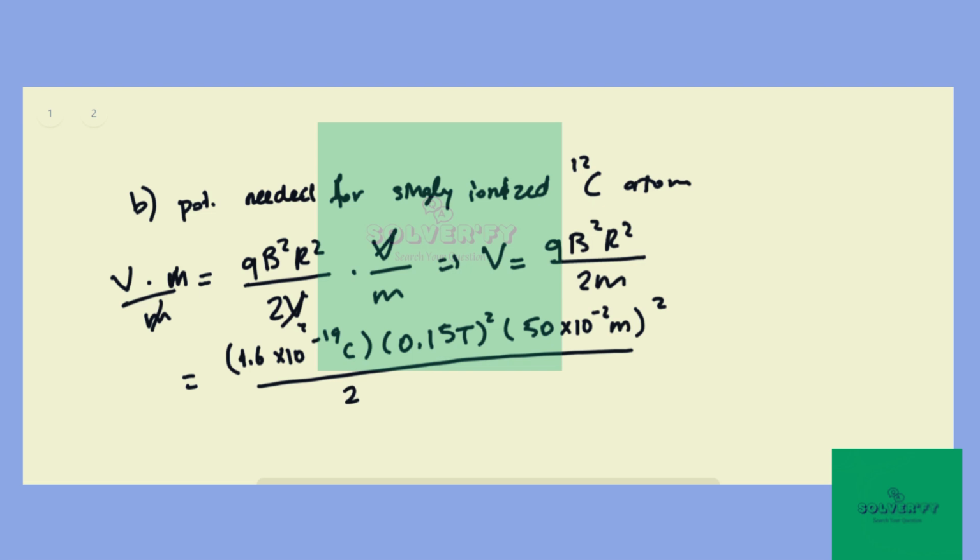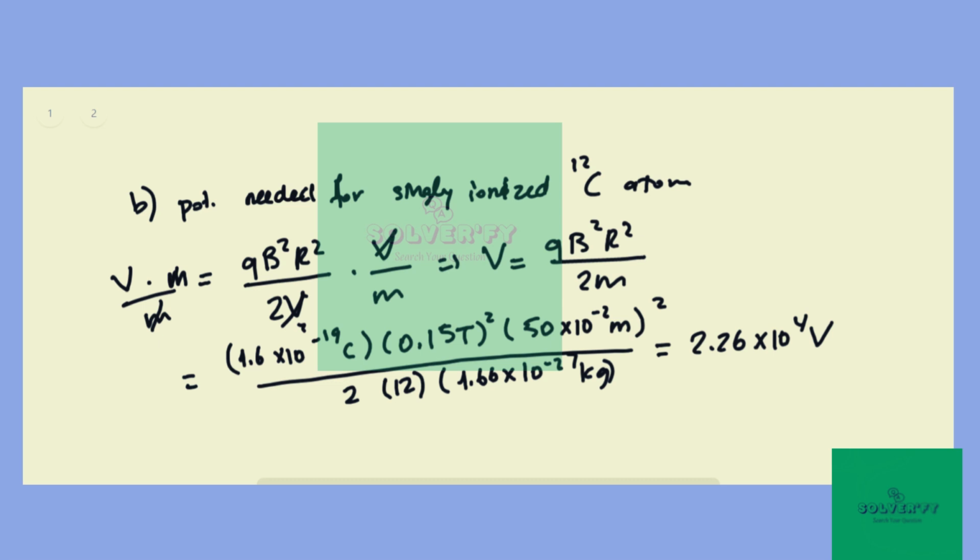Since we have 12 atoms, in order to calculate the total mass, we're going to have to multiply 12 by the single proton's mass. So then we're going to calculate the potential to be 2.26 times 10 to the power 4 volts for the potential needed for a singly ionized carbon-12 atom.